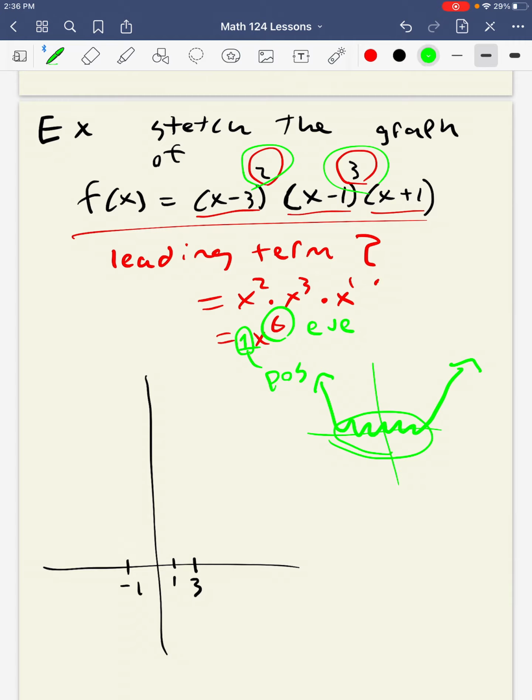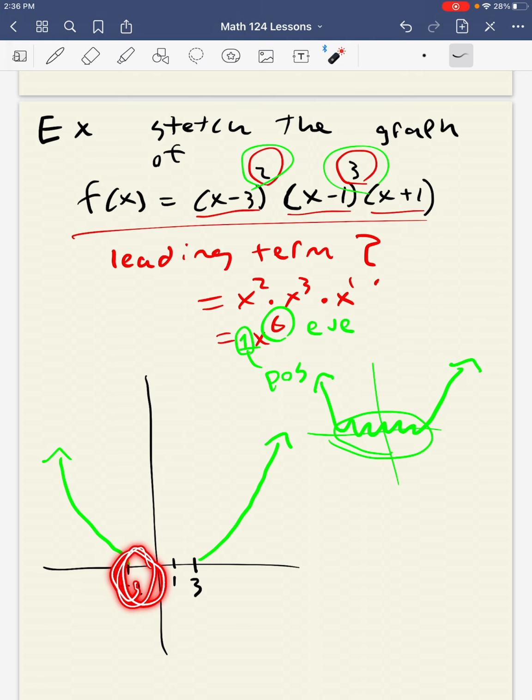Okay, and we know the end behavior will look like this because the leading term had an even exponent and a positive number multiplied to it. So now the question is, does the graph bounce off of these points, or does it go through the points? And we know that by looking at the multiplicity.